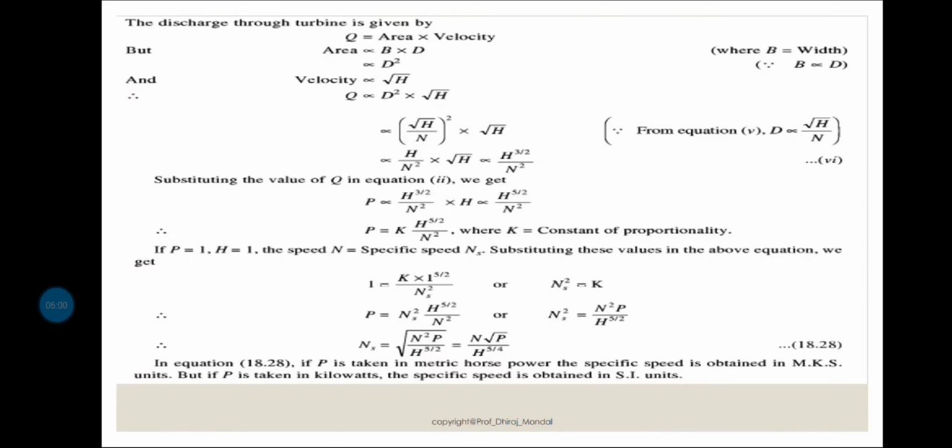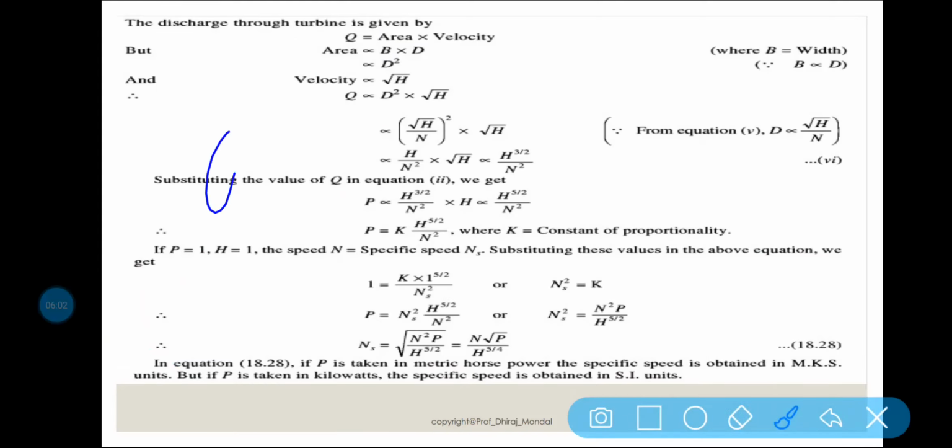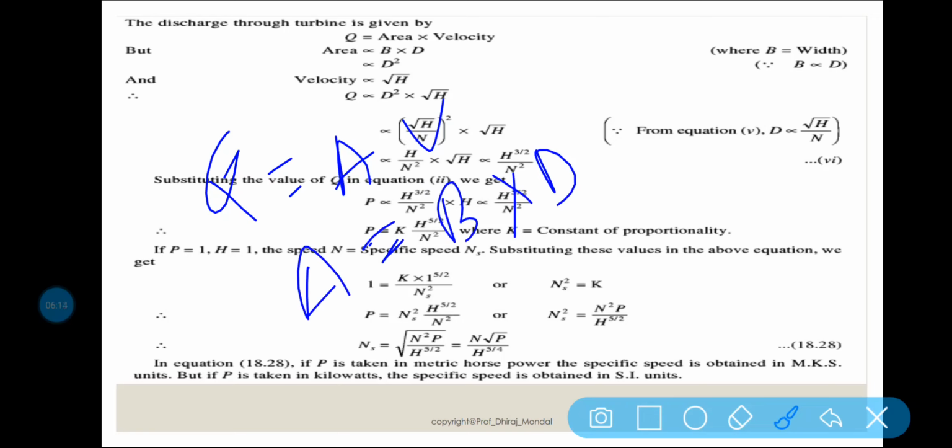Now come to the next point. If q is equal to area into velocity, and area is what? Area is equal to pi by 4 d square, we know, or area is proportional to b into d, because if you are considering a reaction turbine, then your area is what?